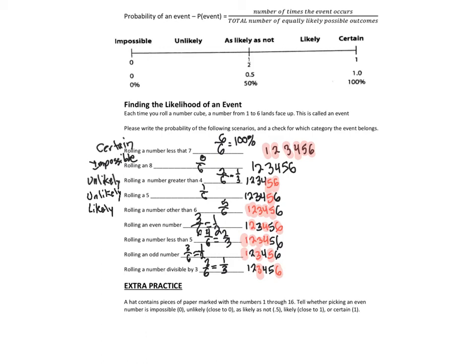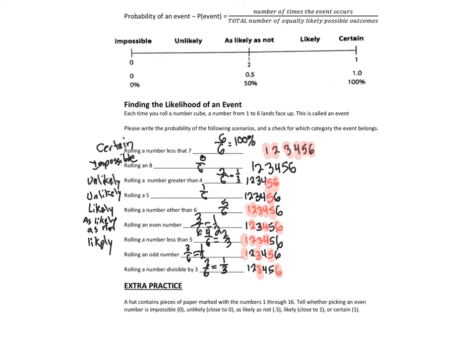Next one, rolling an even number, 1/2. So 1/2 is at 50%, so it's as likely as not. Next one, we have 2/3. Again, that's not that 100%, so it's likely, right below it.